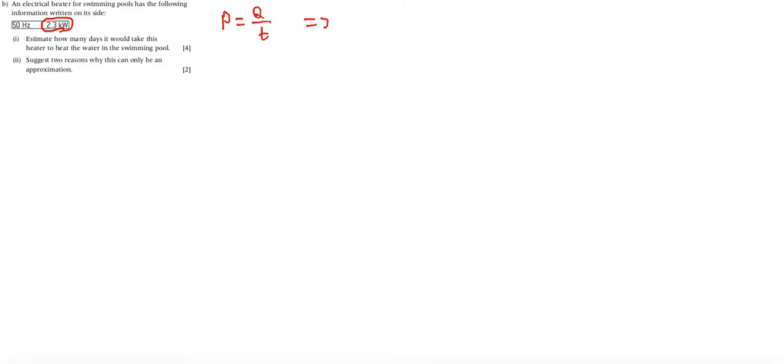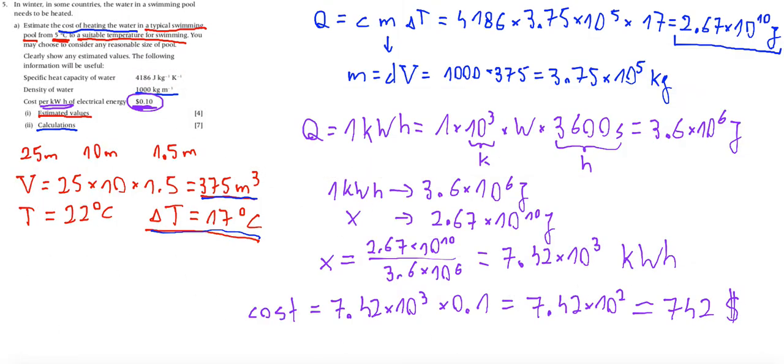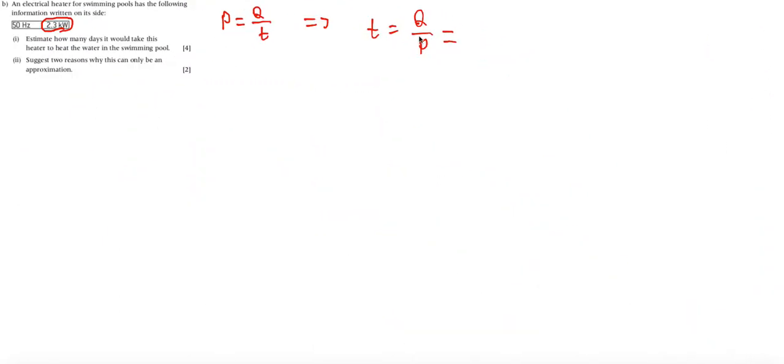We are looking for time, so this is thermal energy divided by power, and thermal energy was 2.67 times 10 to the power of 10 joules, divided by power, which is 2.3 kilowatts, so 2.3 times 10 to the power of 3.